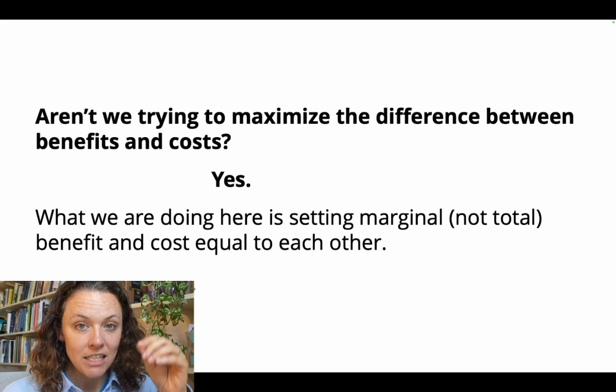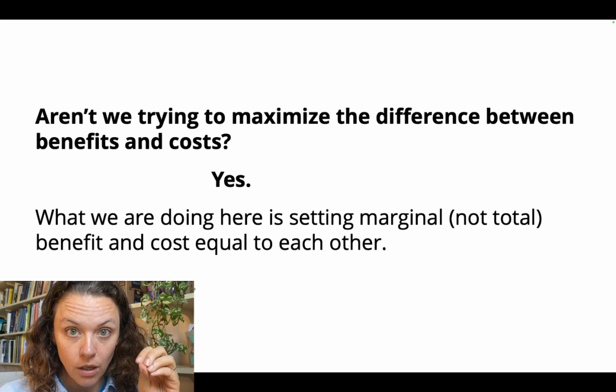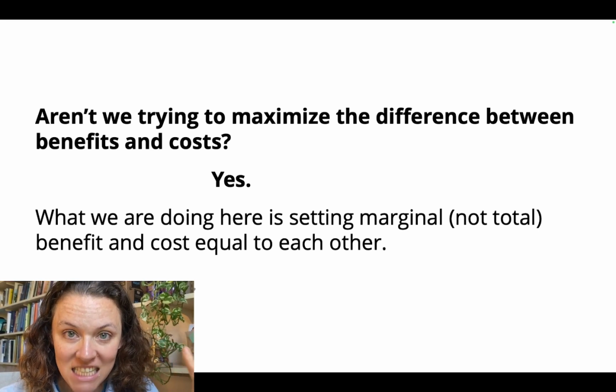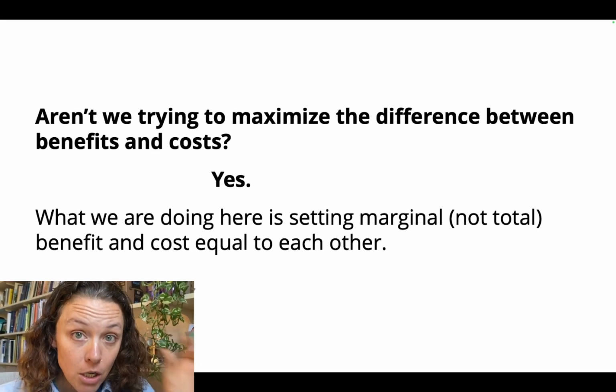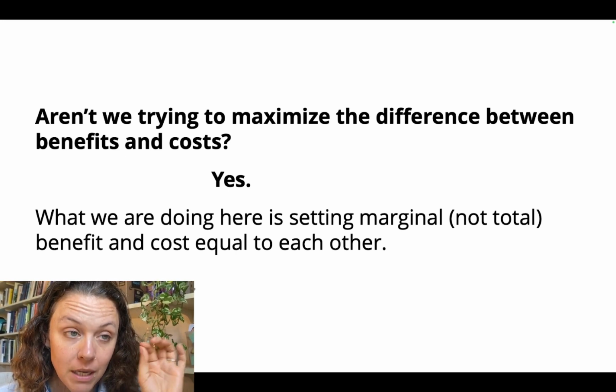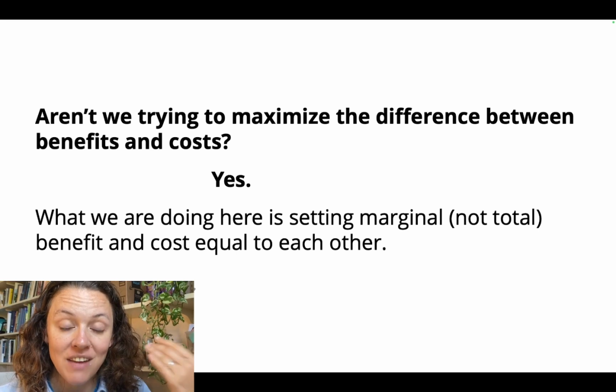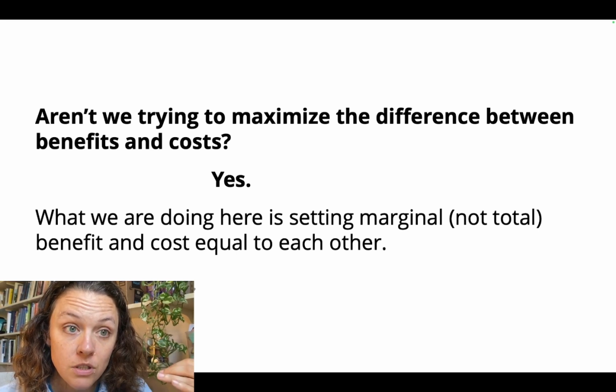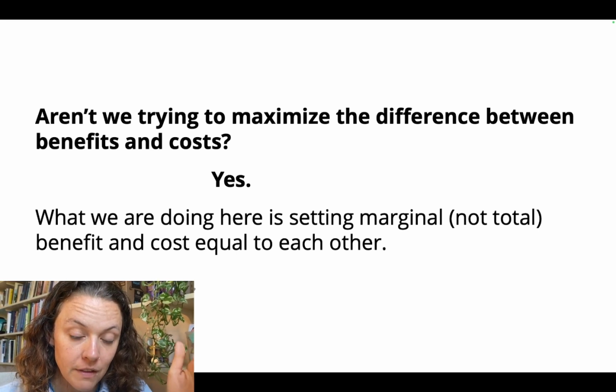We're maximizing the difference between the total benefit and the total cost. That's what the brute force method does. What we're doing here is setting the marginal benefit equal to the marginal cost. So we don't need those to be a big gap. We want those to be equal because it means that essentially we've taken advantage of every opportunity to produce so long as the marginal benefit exceeds the marginal cost, and we're stopping once that ends.